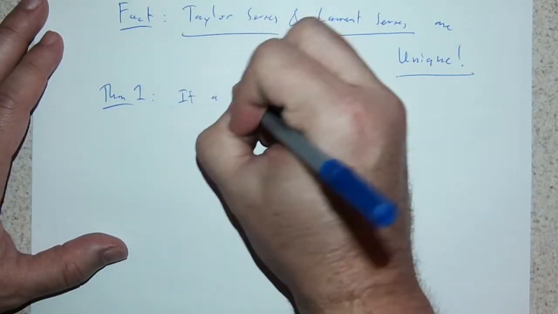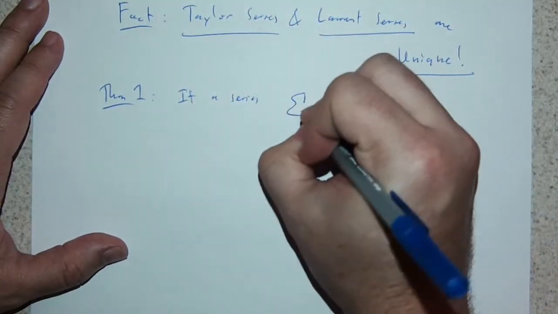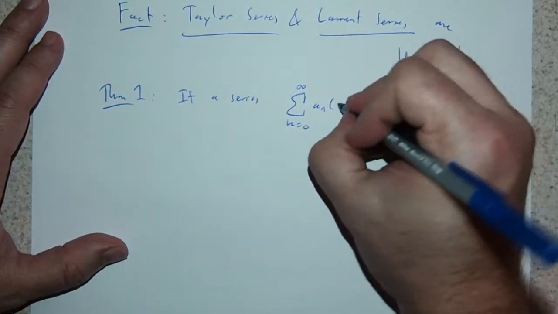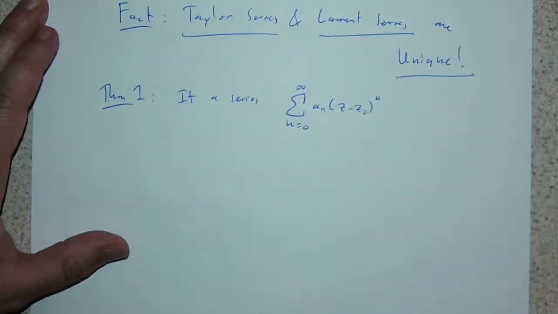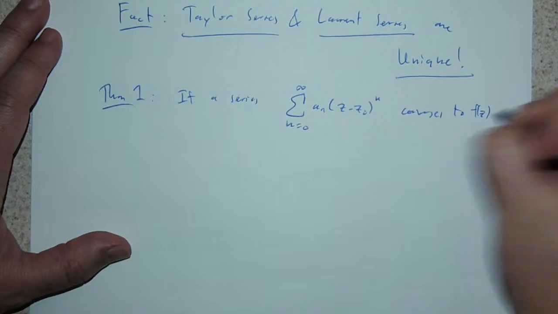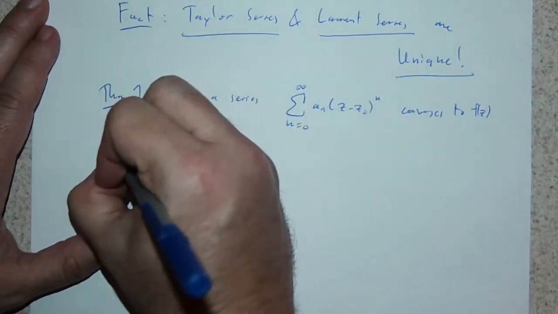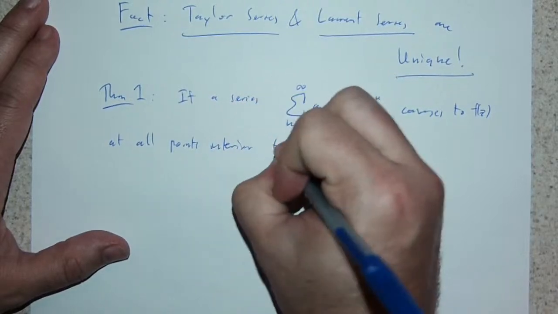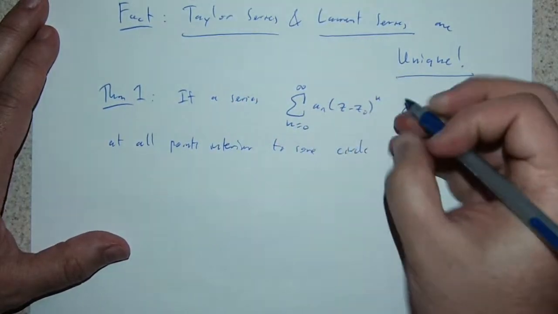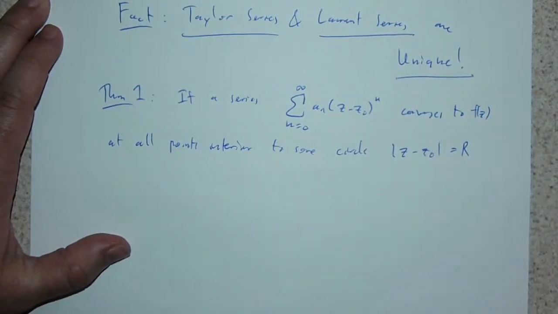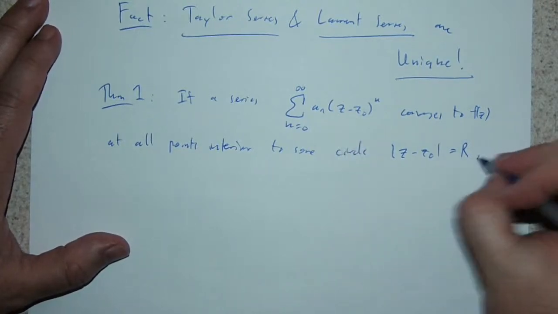If a series, a power series, the sum from n equals 0 to infinity of a sub n times z minus z naught to the n, converges to f of z at all points interior to some circle, that's |z minus z naught| equal to r, then it is the Taylor series expansion for f in powers of z minus z naught.